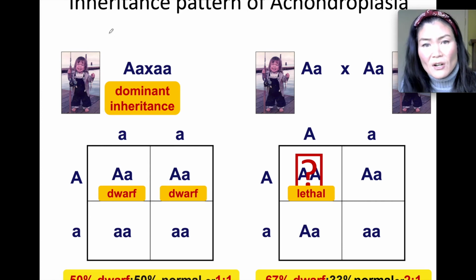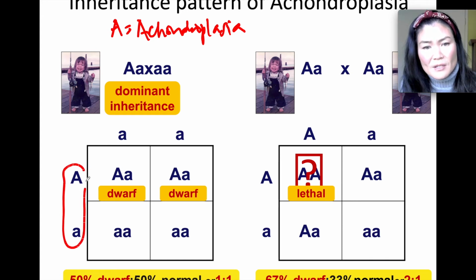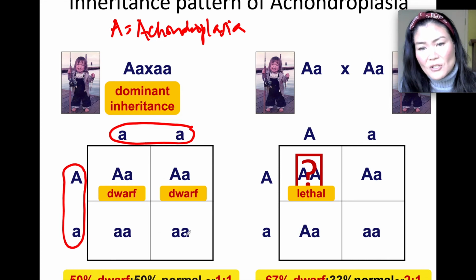So the gene for achondroplasia is going to be big A. If you get a big A, you're going to have dwarfism. So if you have an individual with dwarfism and an individual of normal height, then there's a 50-50 chance.